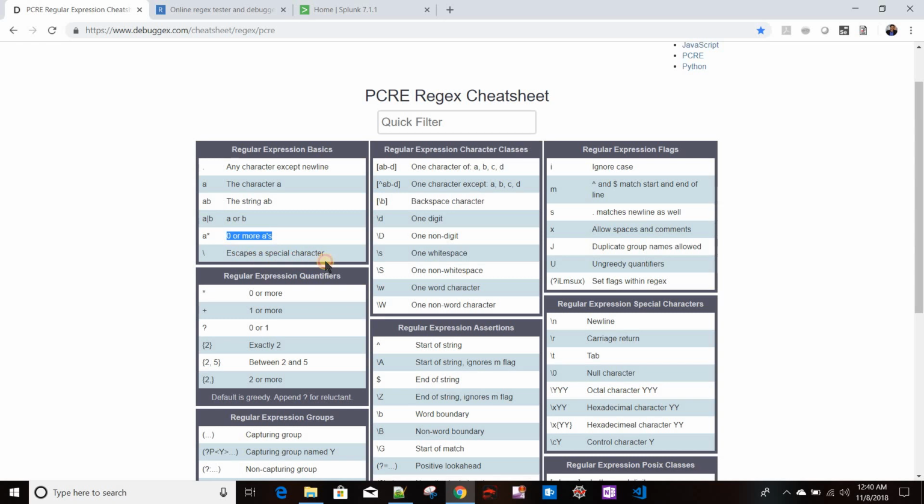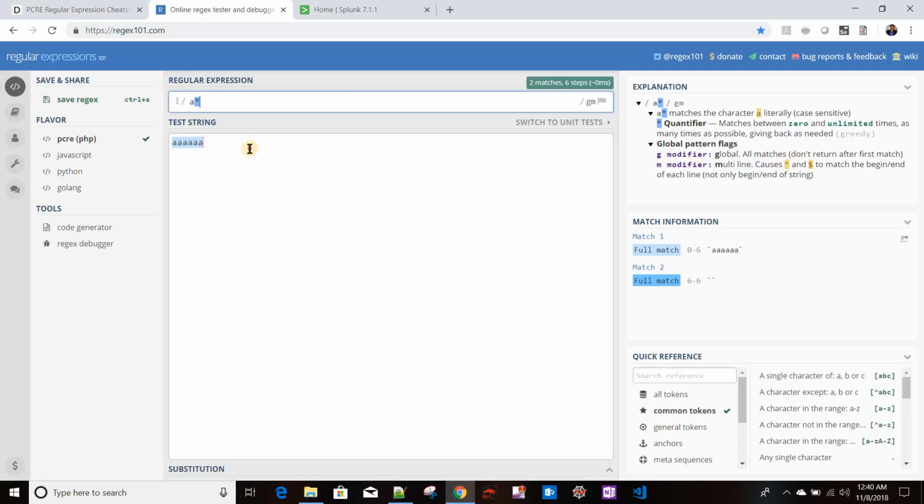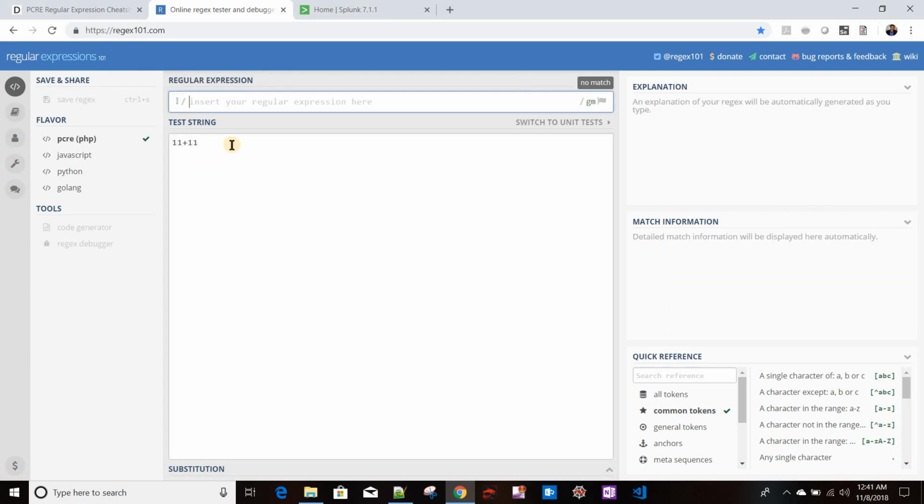Let's move on. Escape a special character. Now let's take an example. Let's say I have an equation something like this: 1 plus 1 equals to, let's say, 22.